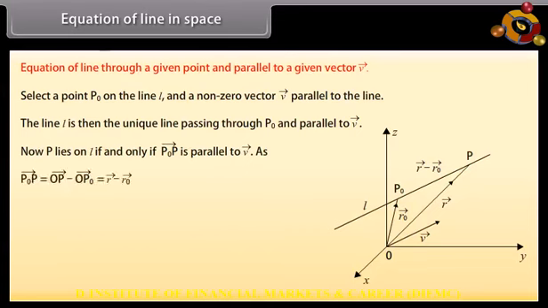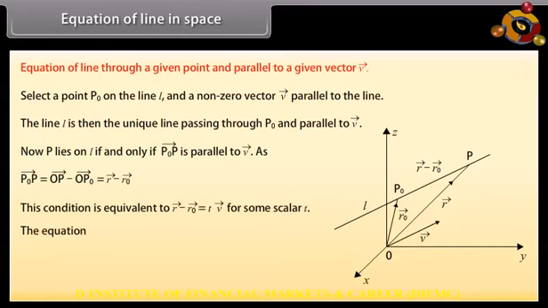As vector P0P is equal to vector OP minus vector OP0, which equals vector r minus vector r0, this condition is equivalent to vector r minus vector r0 equals t times vector v for some scalar t. The equation vector r minus vector r0 equals t vector v is called a vector equation of the line L.